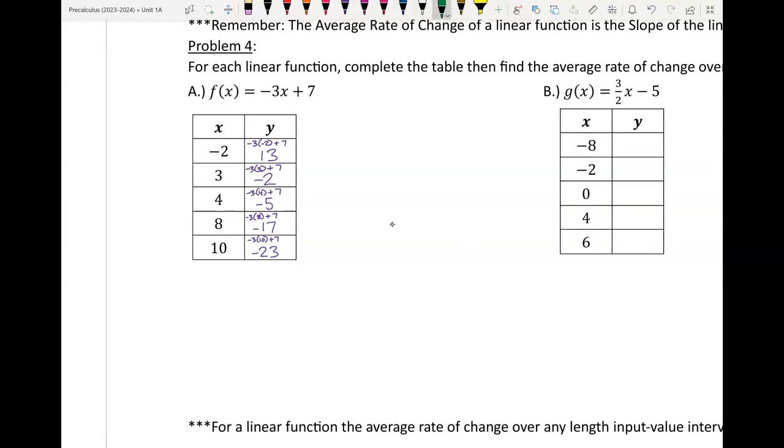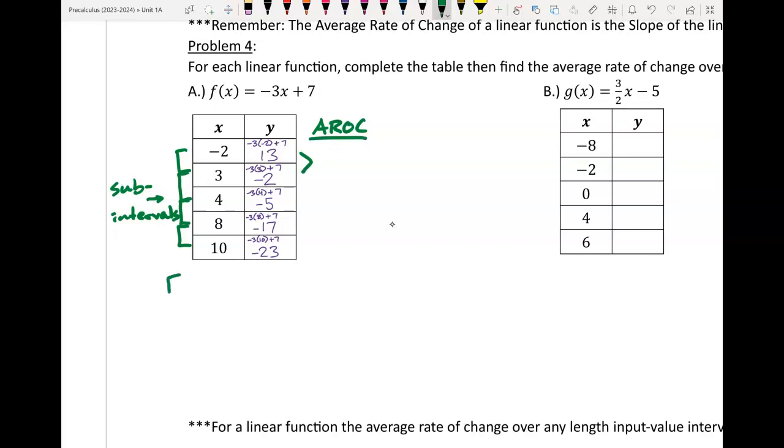Each of these are what we call sub-intervals. I am not done. You should not be thinking you're done. Each of these are what we call sub-intervals. We want to find the rate of change over each of those sub-intervals.